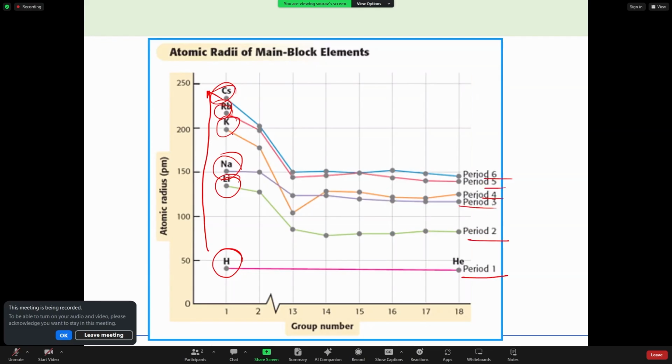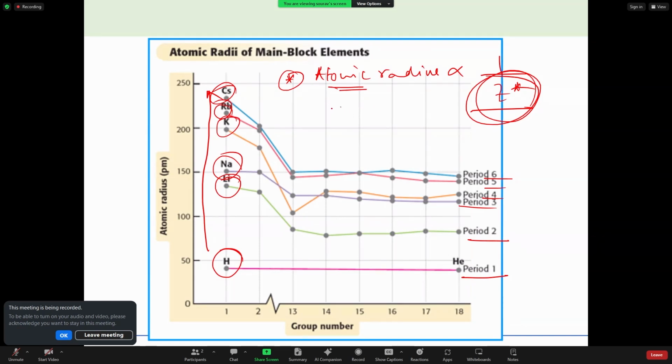So what is the conclusion here? In relation to the atomic radius, generally the atomic radius is inversely related to Z star. When Z star increases, that means the effective nuclear charge increases, then the atomic radius will decrease.